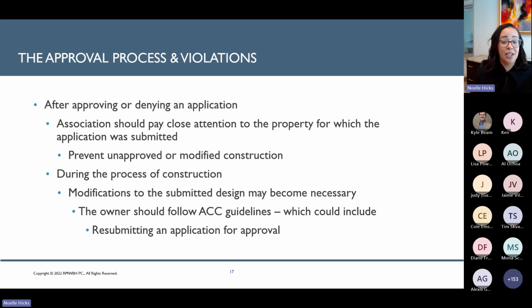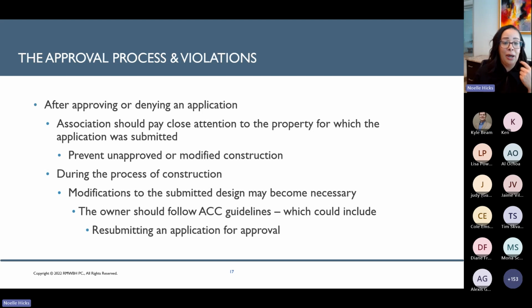So essentially, the point is compliance actions need to be taken as soon as possible after you've discovered them, before a significant amount of time, labor, money, or materials are expended by the owner, because a court will actually take that into consideration.